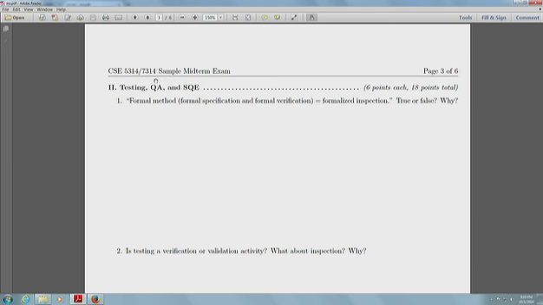And then back to this one. There are some questions. Formal method is equal to formalizing inspection, true or false. Actually, people answered both true and false and got the points. For those kinds of questions, I am really looking for the argument you put behind it. I would tend to say this is true.